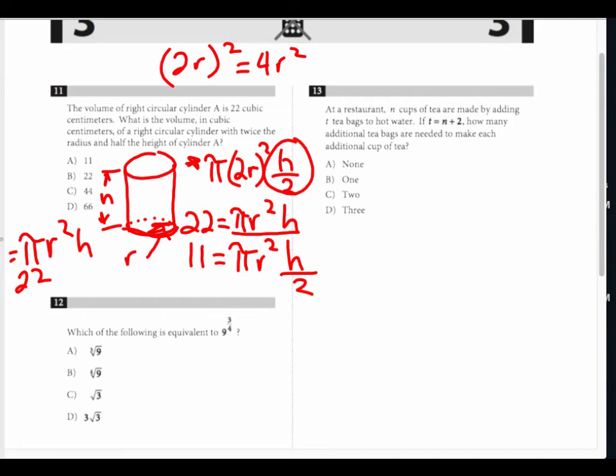So to make it look like this, I'm going to have to push a 4 in. So I'm going to have to take this whole thing and multiply it by 4. So then I get 44 is equal to pi, and I'm going to put my 4 in here, r squared h over 2. So the answer is C, 44.